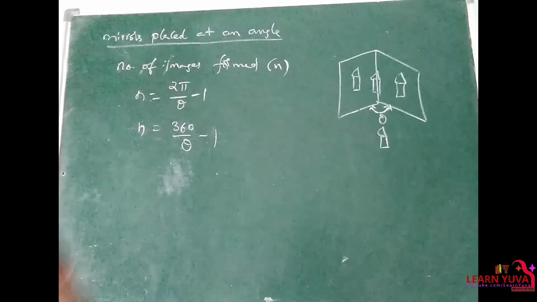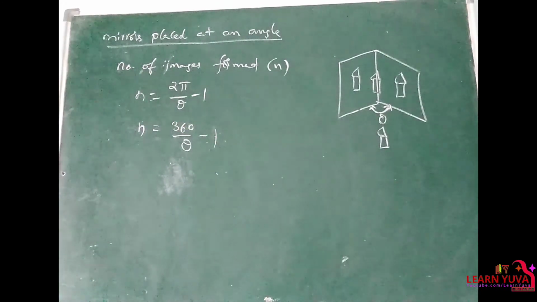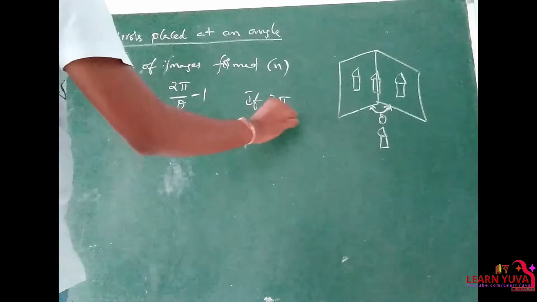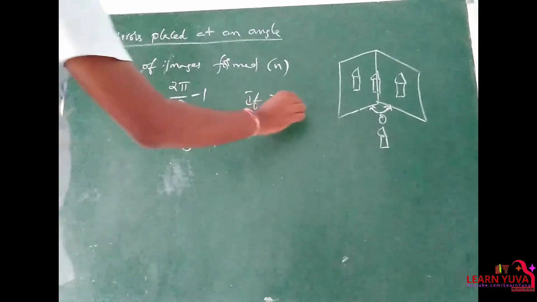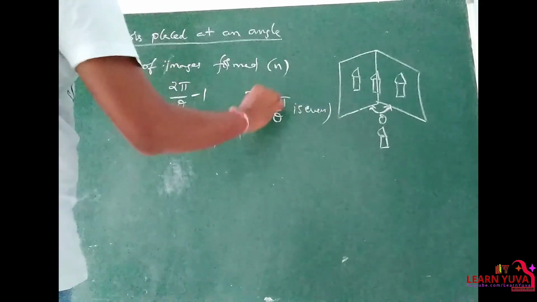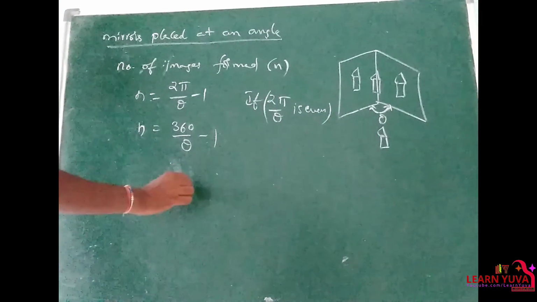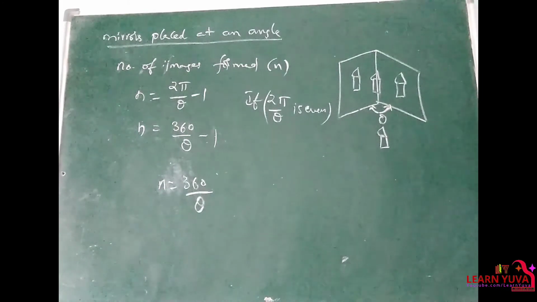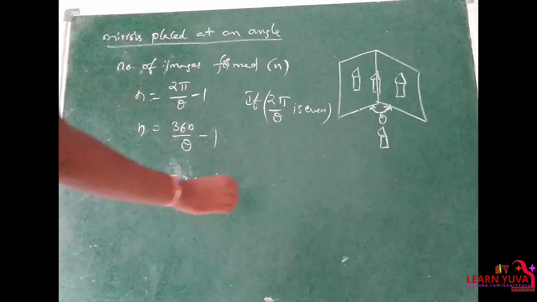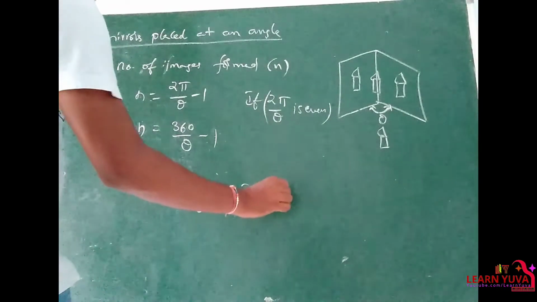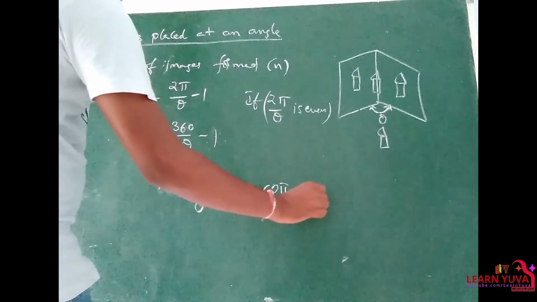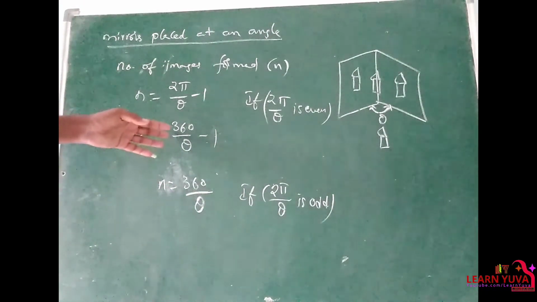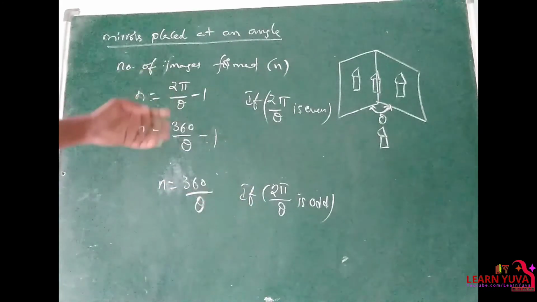If 360 by theta is even, we apply this formula, n is equal to 360 by theta minus 1.